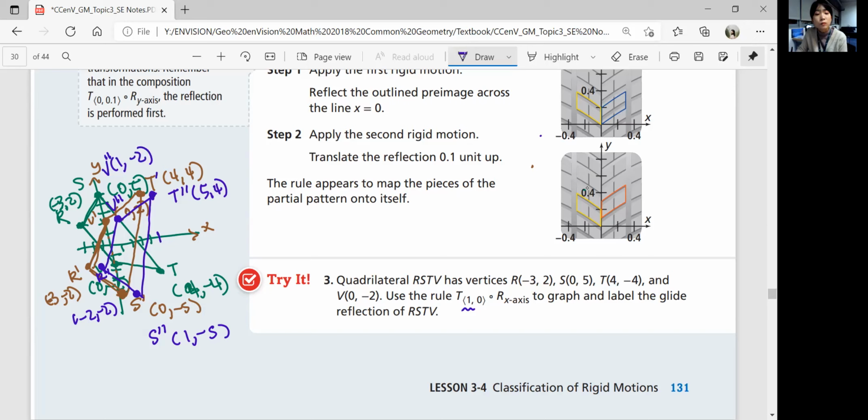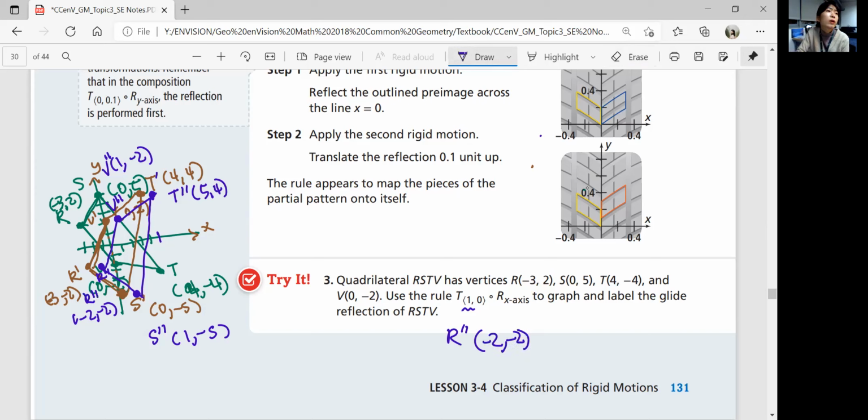All right. So please graph them and label the glide reflection of RSTV. You should have all the coordinate points. Okay. So your final image should be, let's start with R. You have R prime prime as, where's my R? -2, -2.